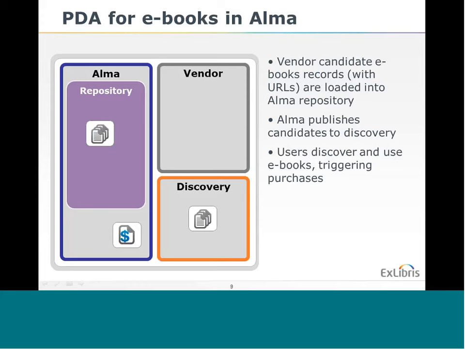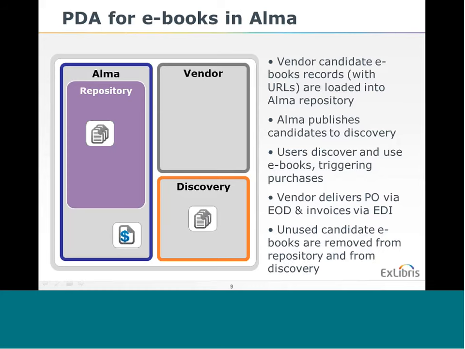And based on the use of a candidate ebook, it can trigger an automatic purchase of the ebook. If an ebook is purchased, the vendor can deliver the PO via embedded order data file and can invoice via EDI. If an ebook is not purchased due to low usage or perhaps no usage, the ebook is then removed from the repository and removed from Primo also.